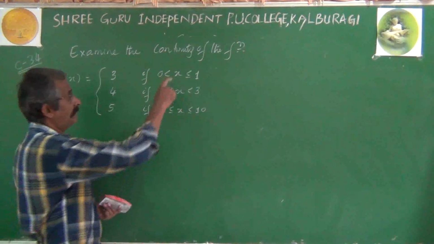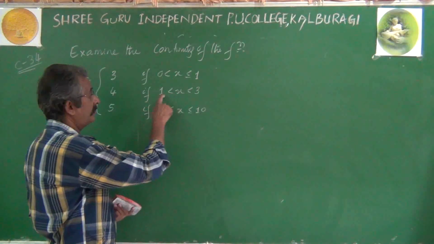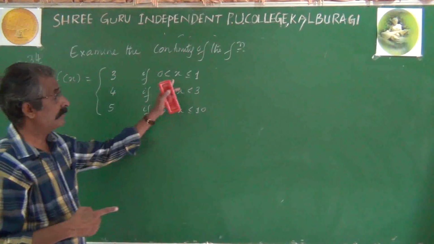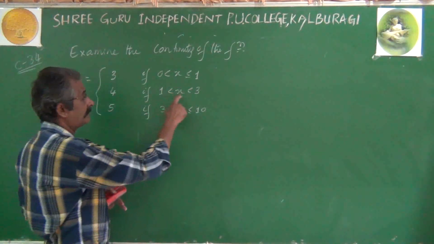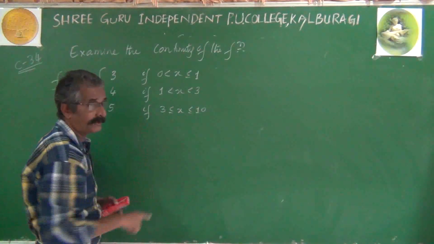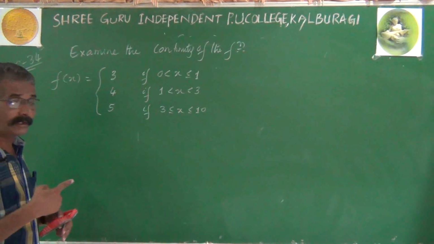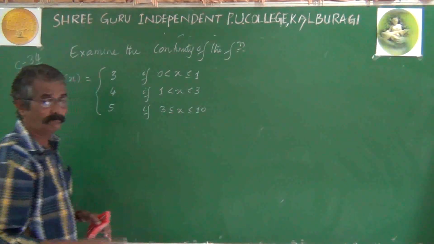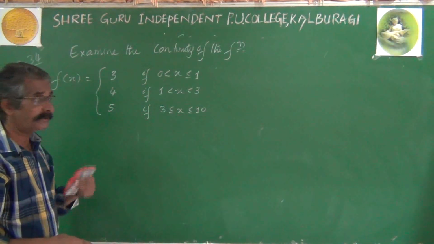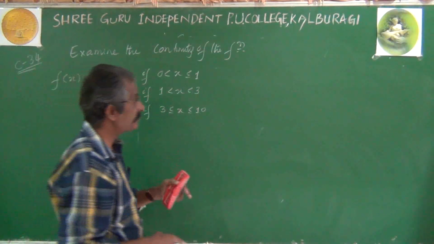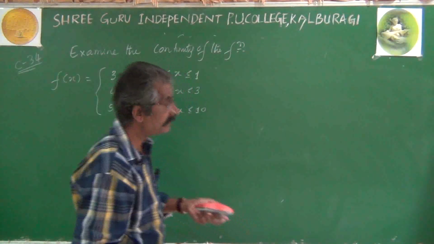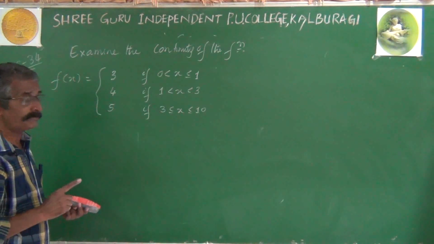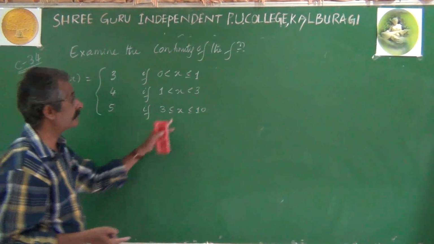Observe, we have x less than 1, we have here x greater than 1, so easily we can determine LHL, RHL for x equal to 1. Next we have x less than 3, we have x greater than 3, easily we can discuss LHL, RHL for x equal to 3. Though we have x less than 10, we don't have the condition of x greater than 10. As there is no condition of x greater than 10, we can't get right hand limit. So obviously you cannot choose the point of continuity or discontinuity as x equal to 10.